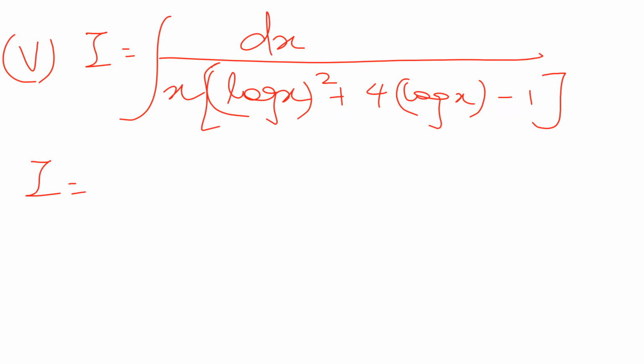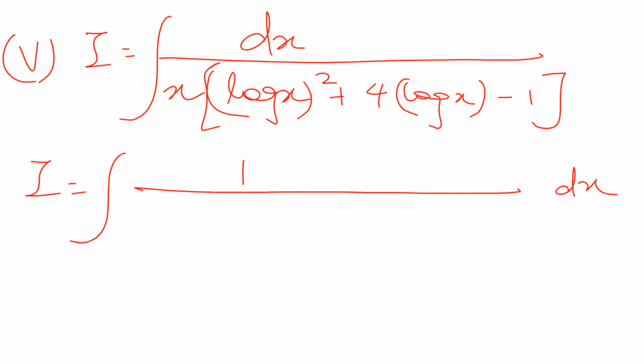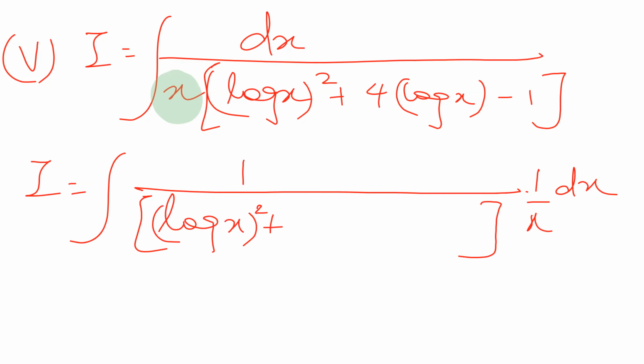So we are going to rearrange the terms. This x I'll write as 1 upon x towards the end, and the bracket first I'm going to write log x the whole square plus 4 log x minus 1 into 1 upon x dx.